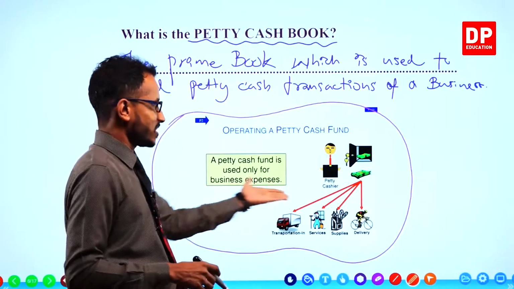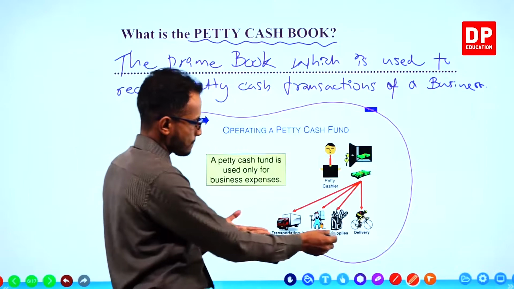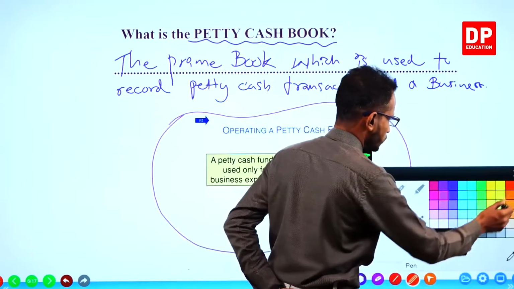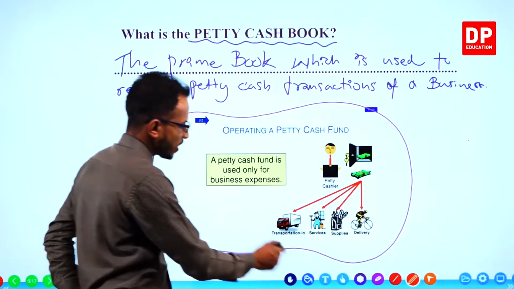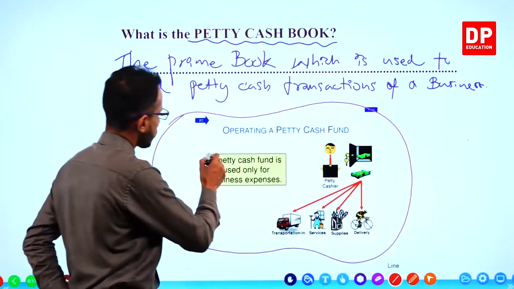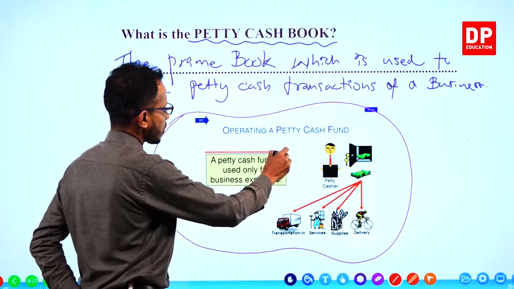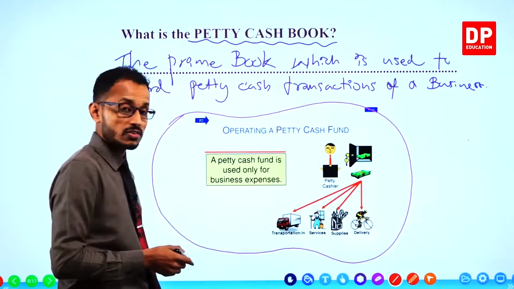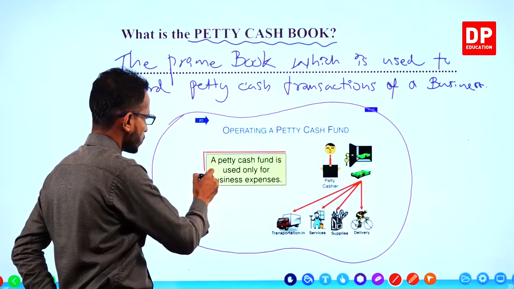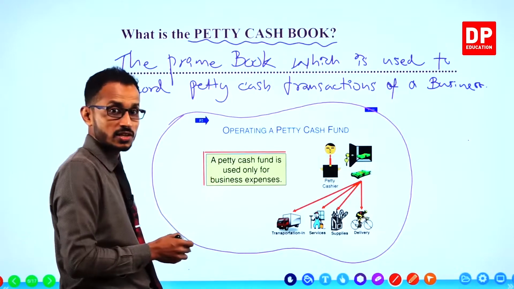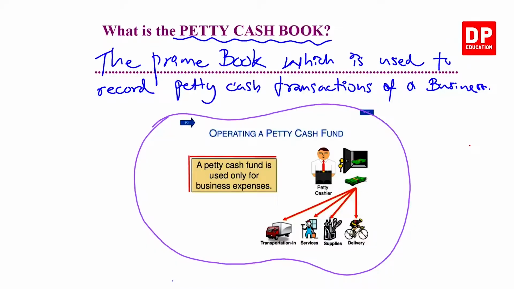Likewise, the petty cash expense is shown here. A petty cash fund is used only for business expenses. I told you that this money doesn't belong to the petty cashier. It's not his personal money, it's business money.